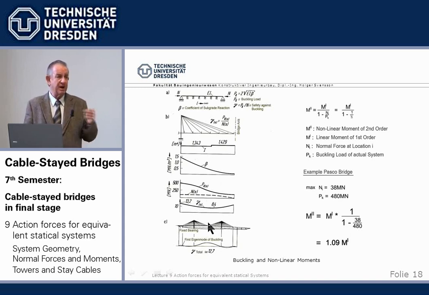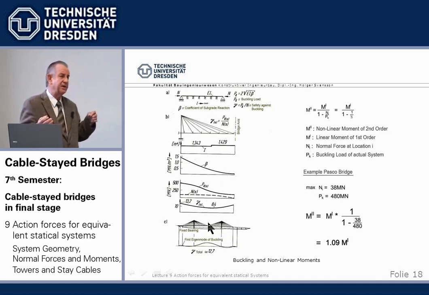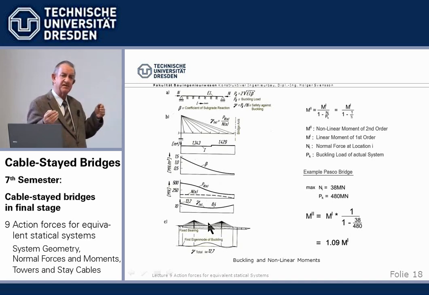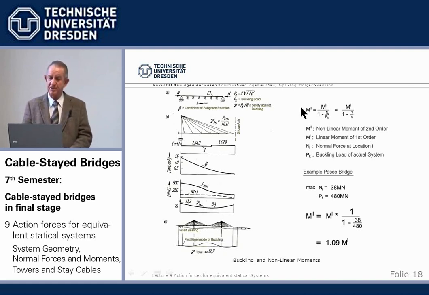Now, buckling stiffness is a theoretical value. What we are really interested in is the increase in stresses due to nonlinear theory. And for this we can use another approximation. Then we say moment due to second order theory is the first order theory divided by 1 minus actual normal force divided by the buckling force.